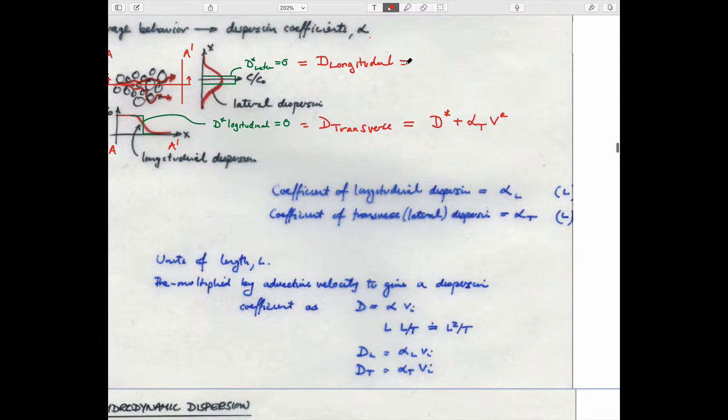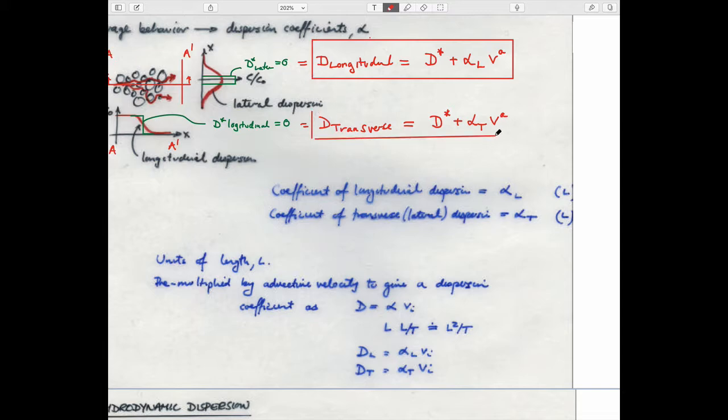And this longitudinal term would be equal to diffusion term, effective diffusion, plus coefficient of longitudinal dispersion multiplied by the advective velocity of the system. So those are perhaps two important terms. They're also mentioned again on this sheet, but I'll just outline them and note a few things about it.